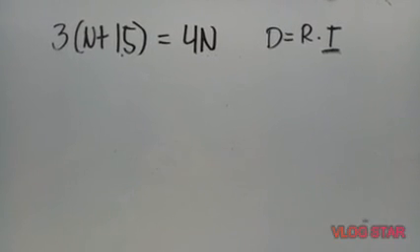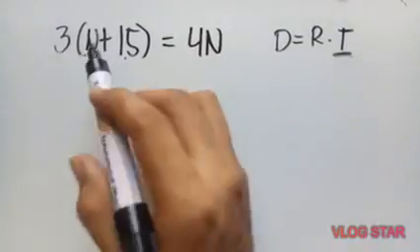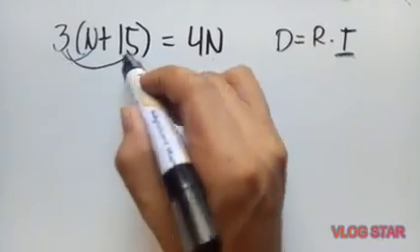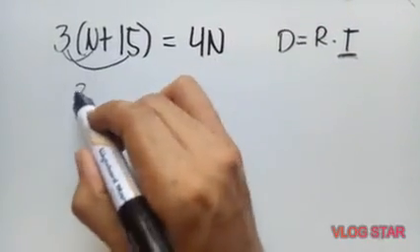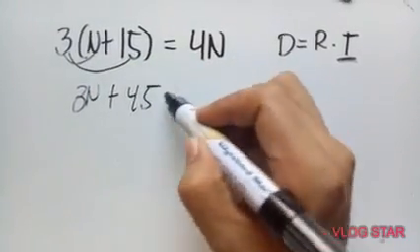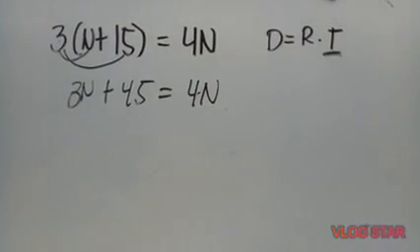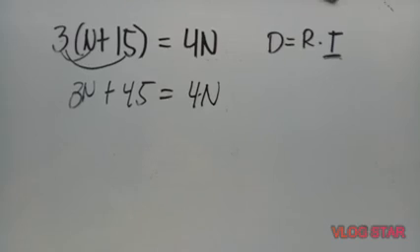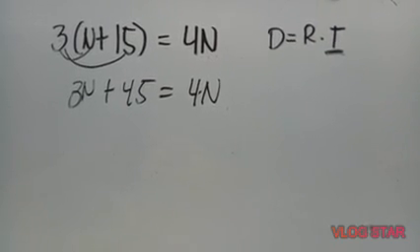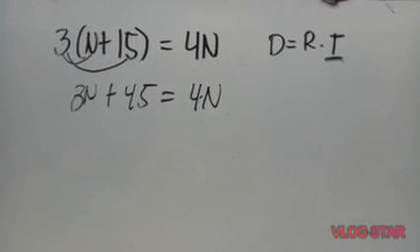So the first step that we're going to do is to multiply this one, or you can do distribution. 3 times n is 3n plus 3 times 15 is 45 is equal to 4n. Then after that, we will join the like terms.